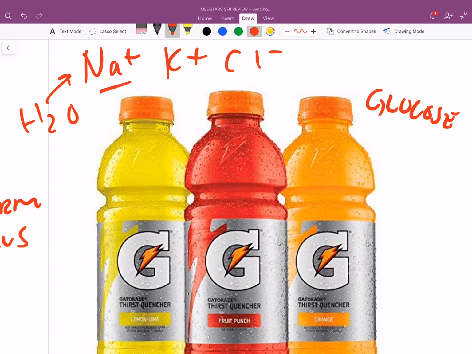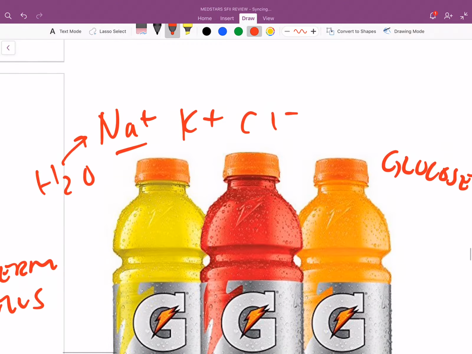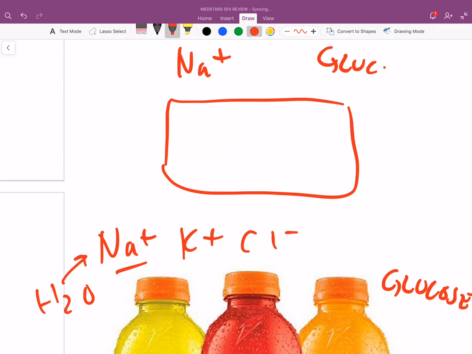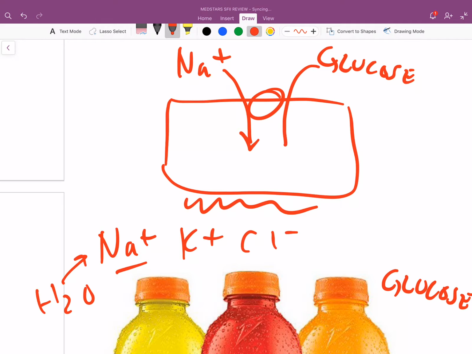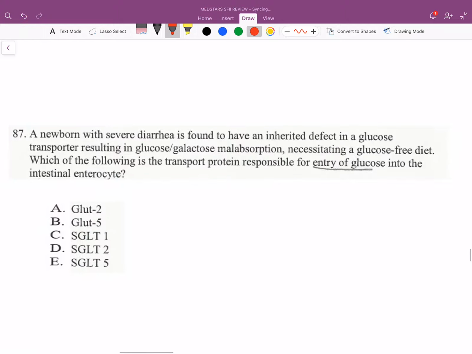Gatorade contains glucose. Why? Because remember what I said: in order for sodium or glucose to get into your blood, they have to cross through a symporter. They need each other. This is why people who are dehydrated or have an electrolyte imbalance drink Gatorade, and this is why Gatorade has glucose. So with that background, go ahead and pause the video and answer this question.